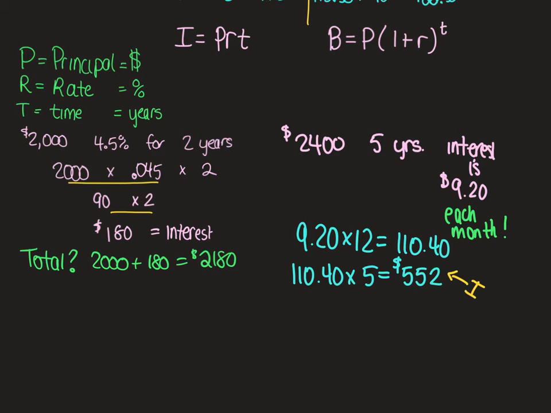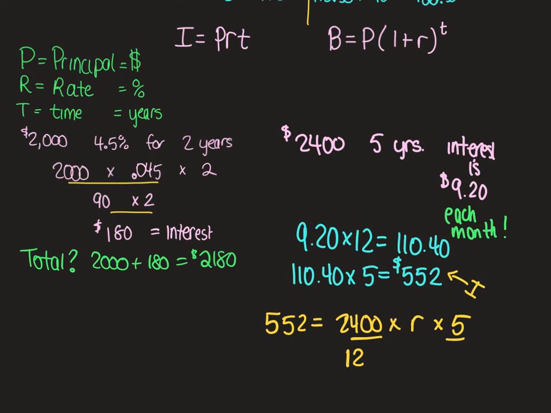Okay, so our formula says the interest is equal to the money multiplied by the rate multiplied by the time. When I multiply 2,400 by 5, I get something really big.